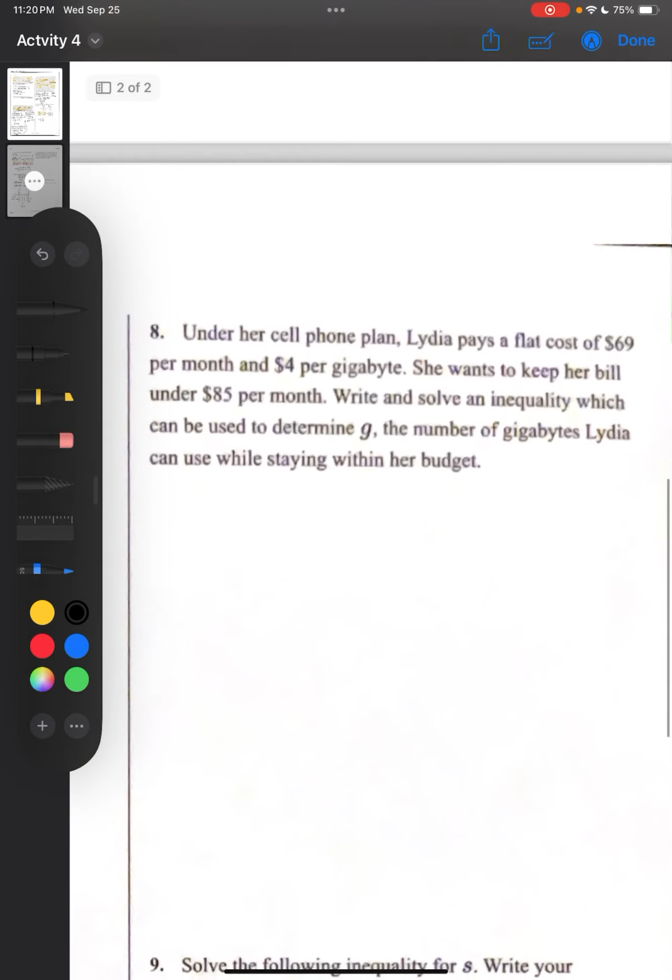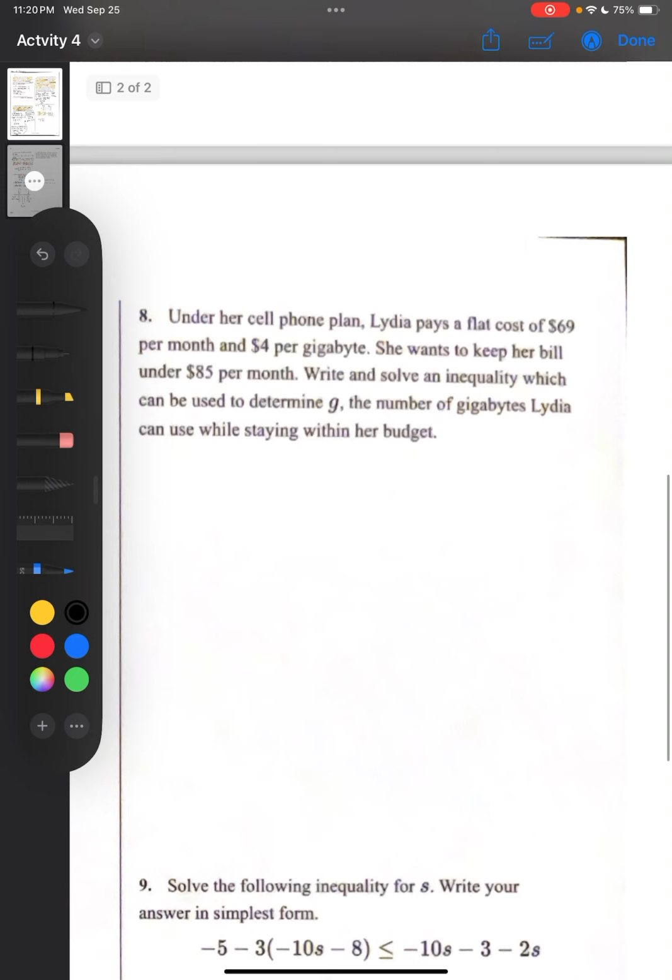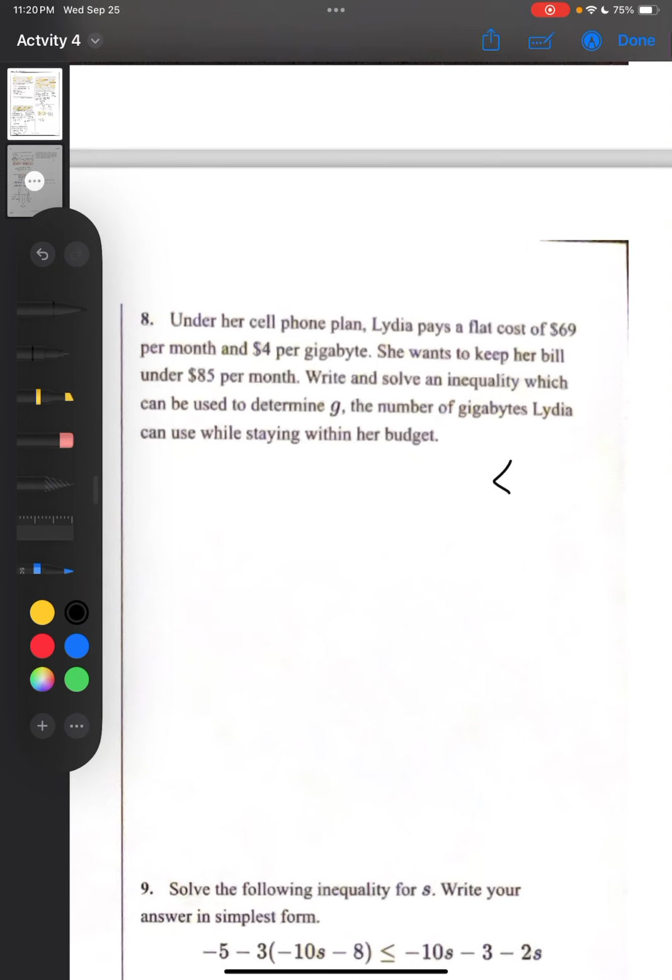All right, for number 8, it says under her cell phone plan, Lydia pays a flat cost of $69 per month and $4 per gigabyte. She wants to keep her bill under $85 per month. So she wants her monthly bill to be less than $85.